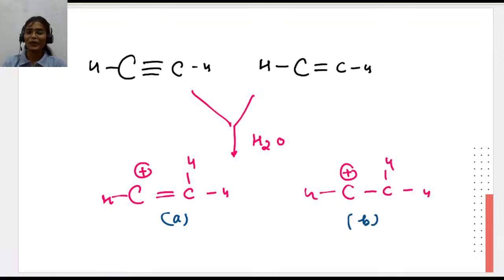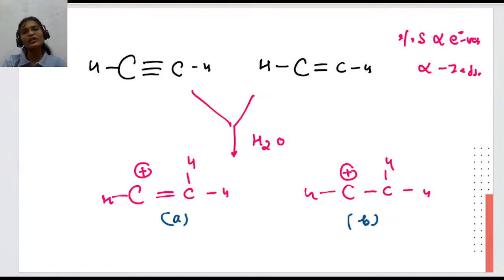A, B. Come on, I guess your basics are really weak. A is sp2 hybridized, electronegativity. Listen, we discussed this thing so many times: percentage s character is directly proportional to electronegativity, and it's directly proportional to the minus I effect.